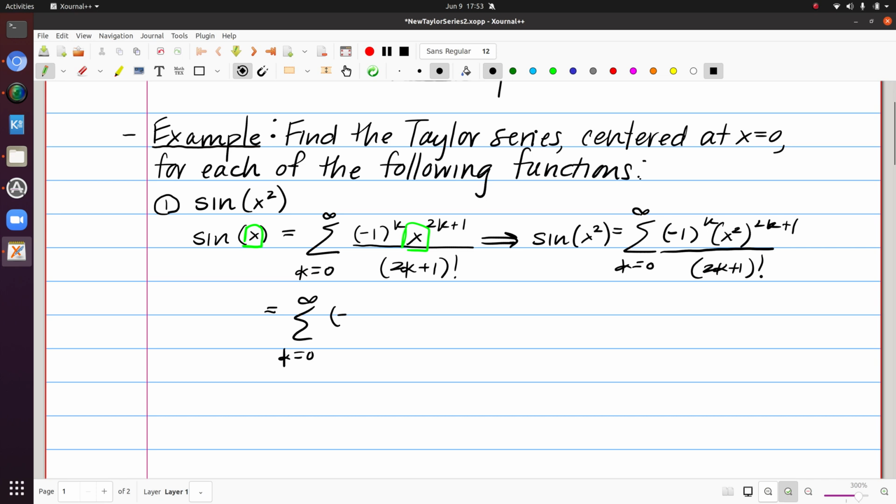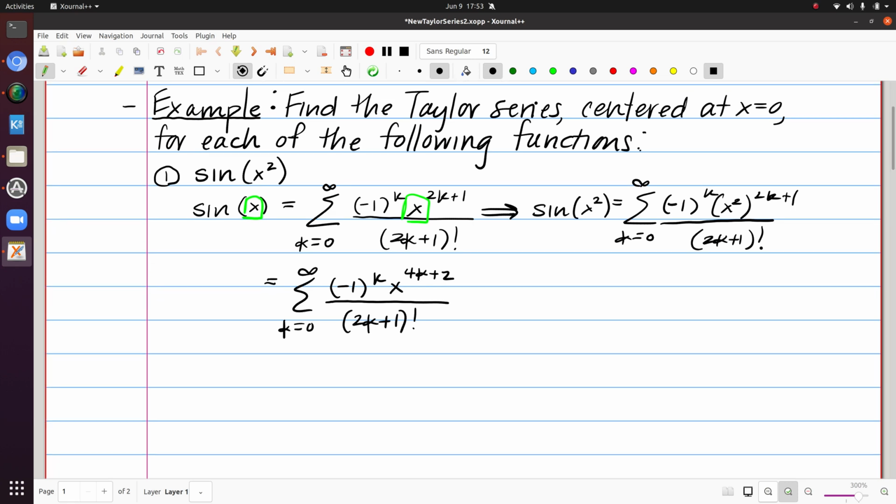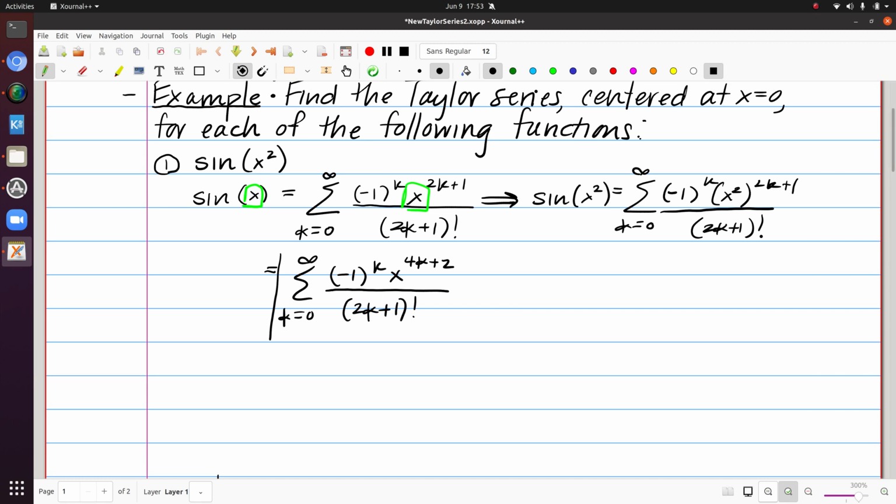I have negative 1 to the k, and in the denominator I have 2k plus 1 factorial. But I can rewrite x squared raised to the 2k plus 1 as x to the 4k plus 2. And that's more simplified. Not only is that nicer, we'll see that when we do have a situation where there's more than one step to get my new Taylor series, simplifying along the way will prevent us from making some unnecessary mistakes.